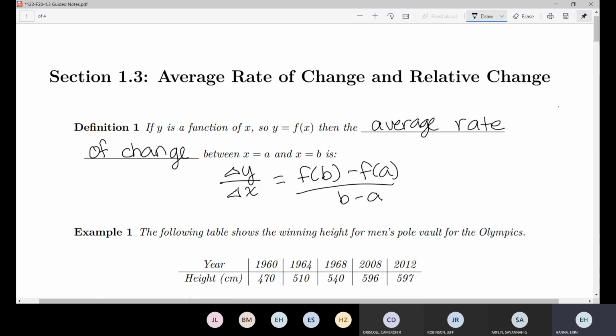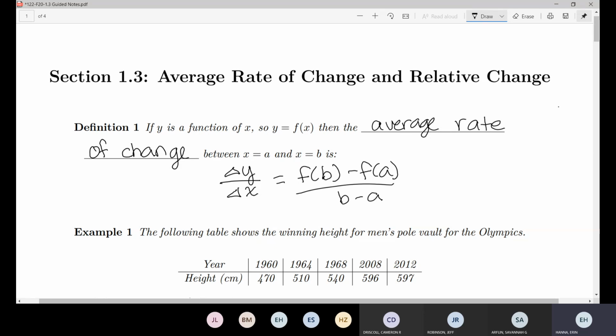We can talk about an average rate of change between anything. So it is talking about a slope of a line. It's just that the two things that we're talking about might not have been originally on that line. It might be on a function, and I just want to find the average rate of change between the two values. That's why it is the same, but different, because it's a different context.